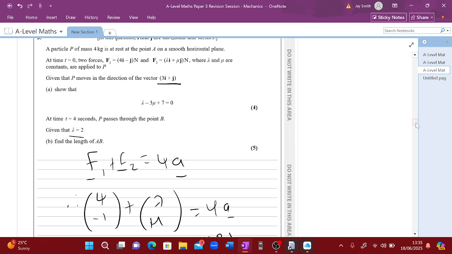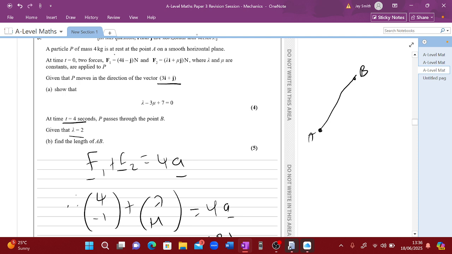So let's go for the length of AB. So we have A here and B here, for instance. Doesn't matter exactly where, just a little diagram. So I want A to B. But this is going to be SUVAT, isn't it? Because we're dealing with time, and actually we've got acceleration here.